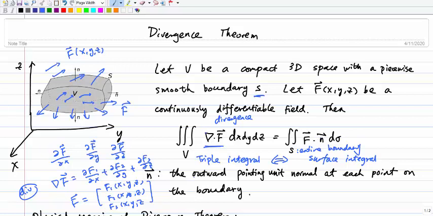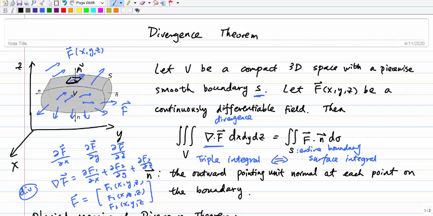Here n is the outward pointing unit normal at each point on the boundary. This is what the figure shows about the n vector. For any point you want to find, you have a tangent surface, and for this point you compute the unit vector that is perpendicular to the tangent surface of the boundary.